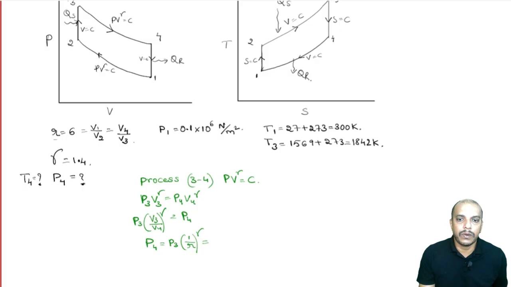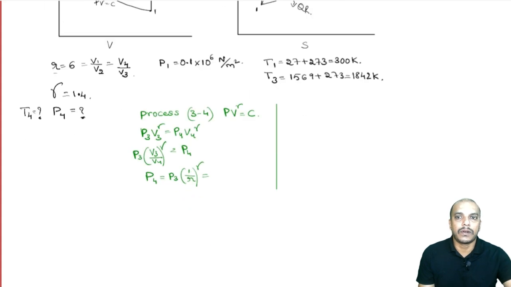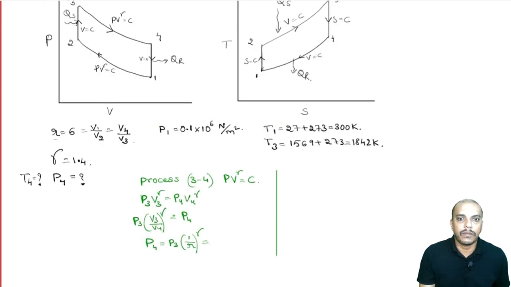If we know the value of P3, we will get the value of P4. How we find P3 is of next importance, right? So, this cannot be solved directly. So, I will go for process 1 to 2, then 2 to 3, and then I think we will be able to do this, all right.